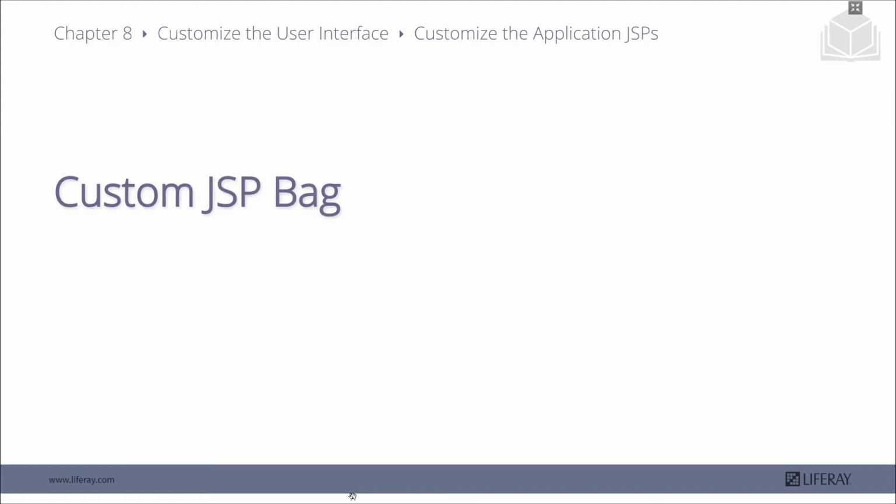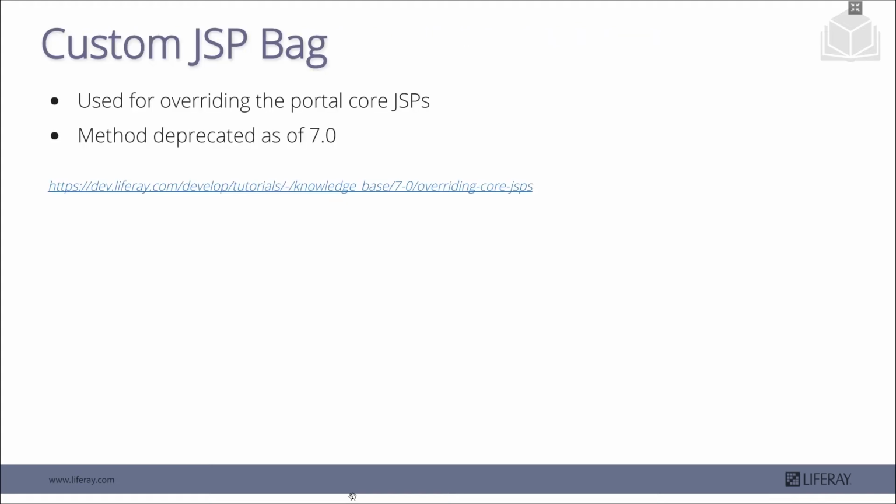The next methodology is known as custom JSP bags. Now, custom JSP bags are technically deprecated as of Liferay DXP 7.0. It's still a very powerful way of customizing JSPs, so we'll talk a little bit about it.